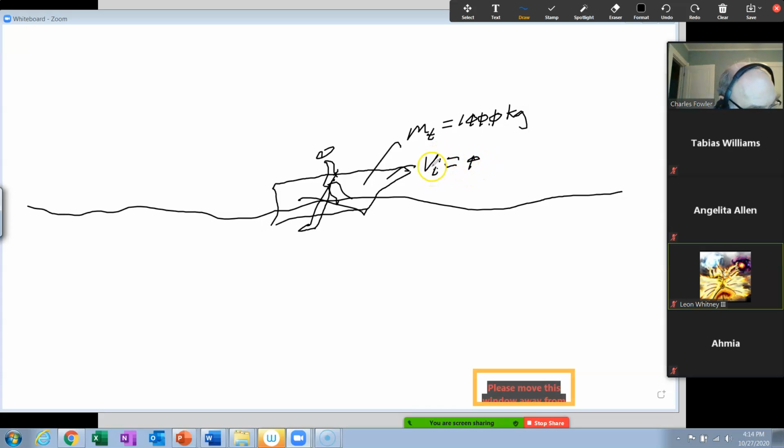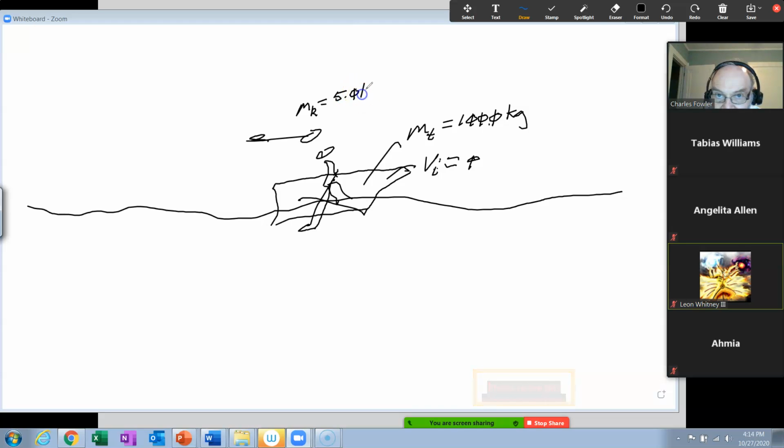Okay? She tosses, so she's going to throw a 5-kilogram rock out the stern. Okay? She's in perfectly calm water. She tosses a 5-kilogram rock, so the mass of this rock is equal to 5.0 kilogram. Now that's only 2 significant digits.